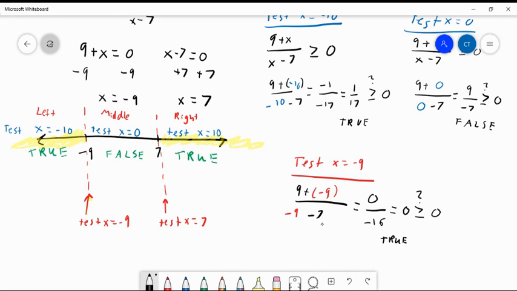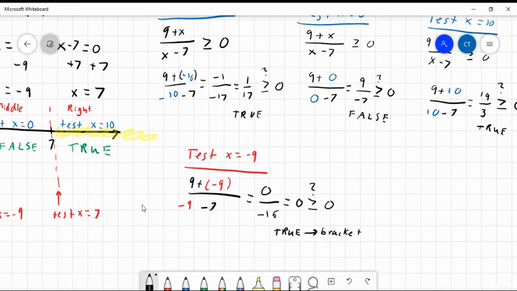If you are testing an endpoint and you end up with a true statement, that means to use a bracket on that endpoint. Since negative 9 ended up with a true test, we are going to put a bracket on the negative 9 with the ends of the brackets pointing towards the shaded region.